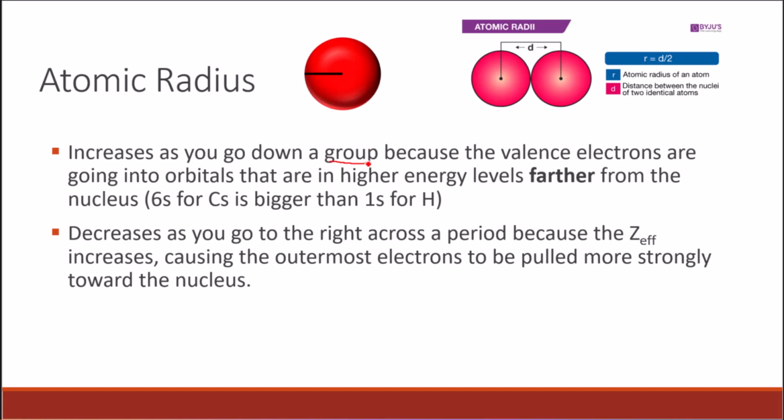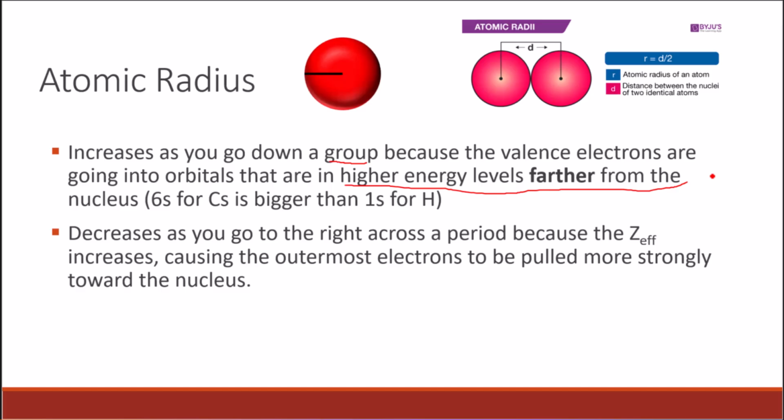Same thing, family, group, because the valence electrons are going into orbitals that are in higher energy levels. That just means they're further away from the nucleus. They're more easily removed, and it's just a higher energy. Just think of a ball that you pick up off the ground and you raise it over your head.